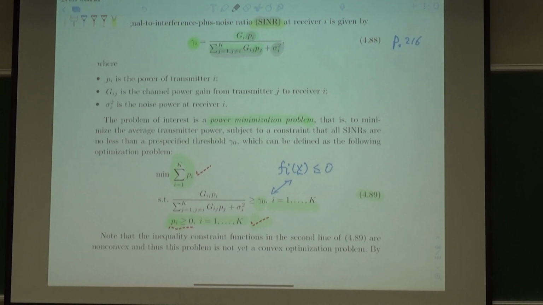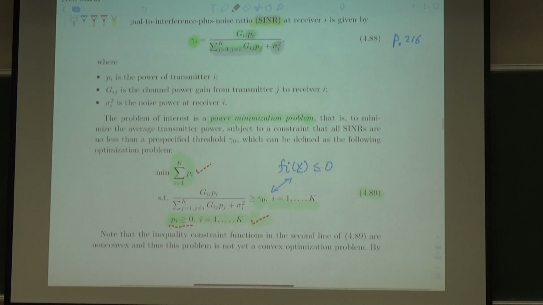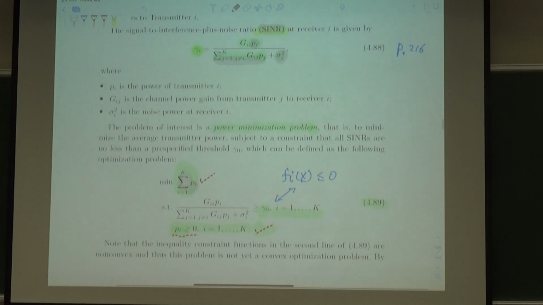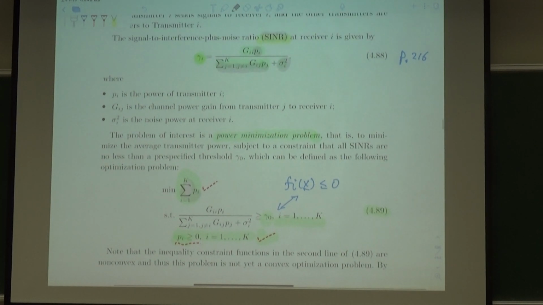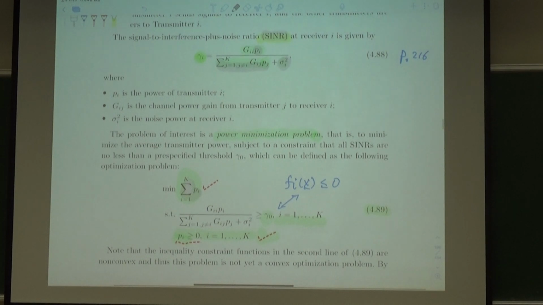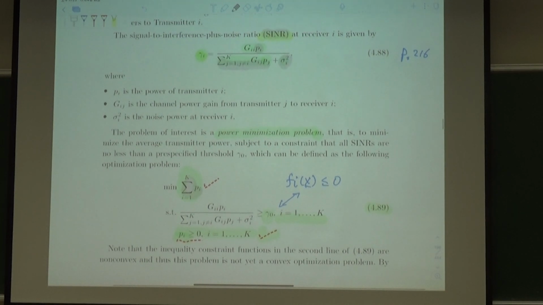How do you allocate the total power to minimize the total power of the system? This is the summation of p_i. You have the pairs. You want the SINR gamma_i greater than some certain threshold. This is the quality of service guarantee.